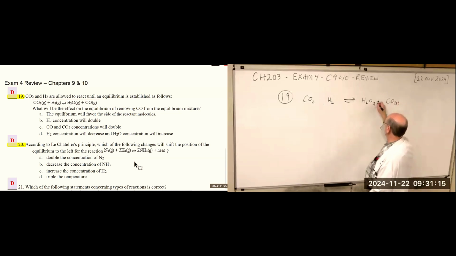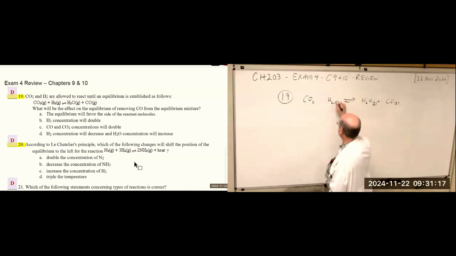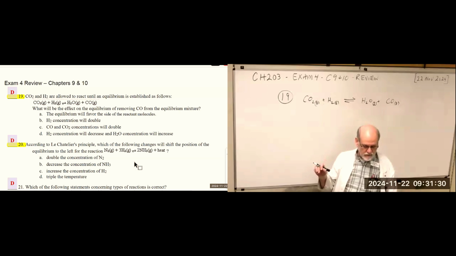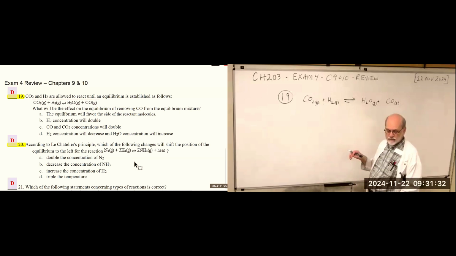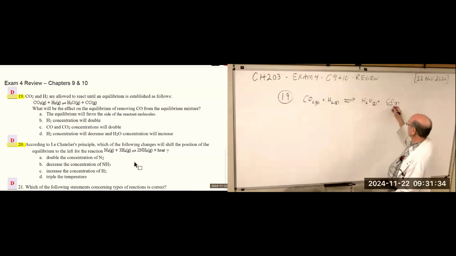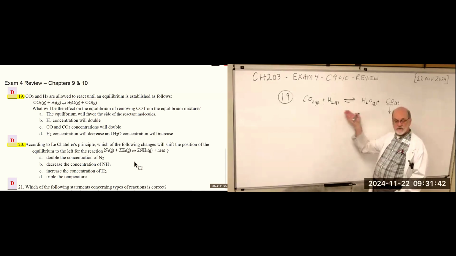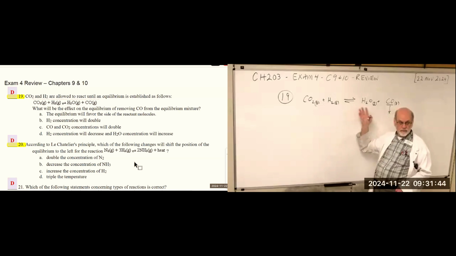Yep, they're all gases. All right. Okay, we're at equilibrium. What will be the effect on equilibrium of removing carbon monoxide from the equilibrium? So we remove carbon monoxide after equilibrium. The effect will be to shift the reaction as written to the right, toward products.